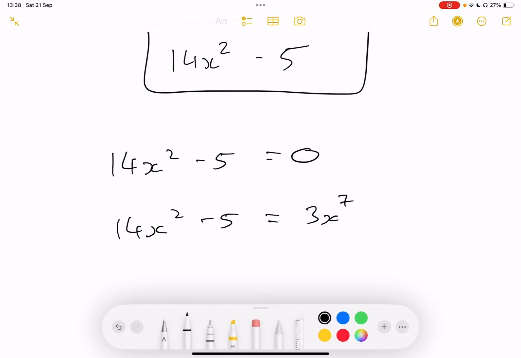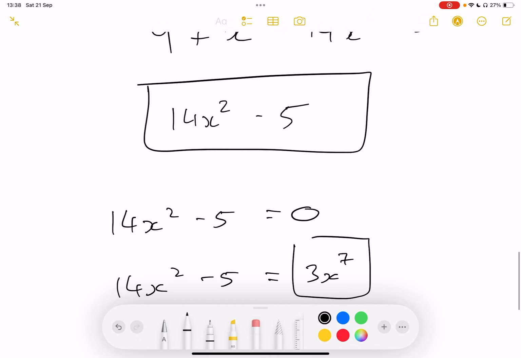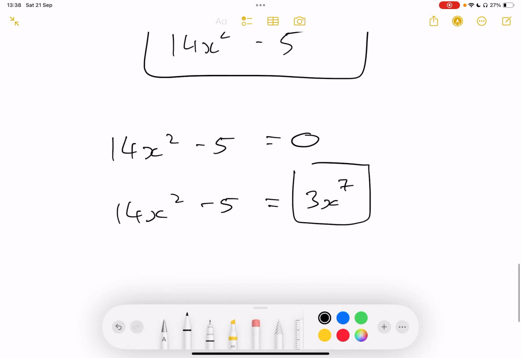We have one here of order 7, therefore not a quadratic equation. Yeah, I think that's the main thing here.